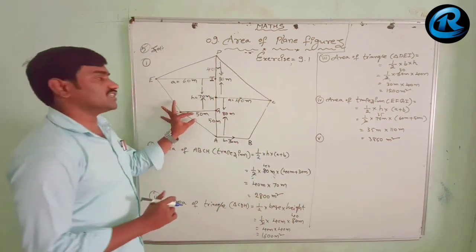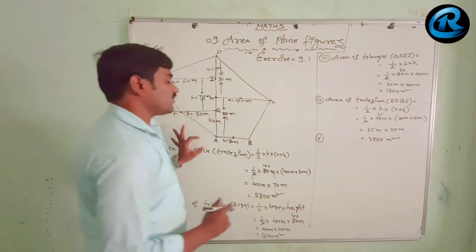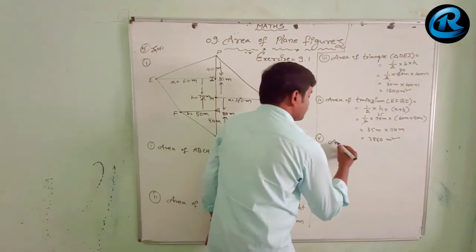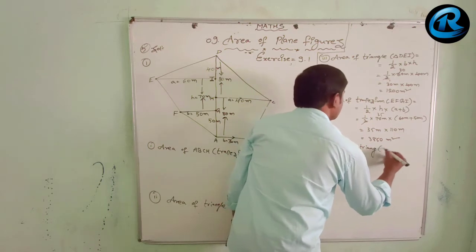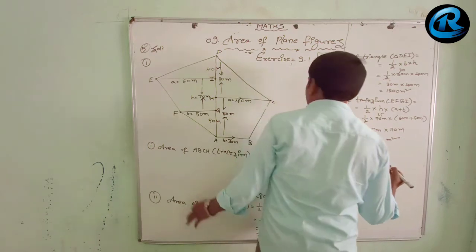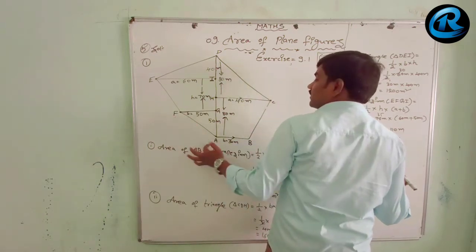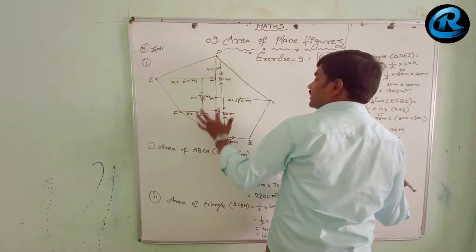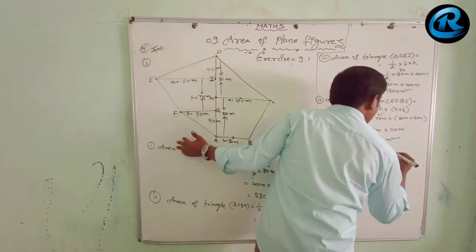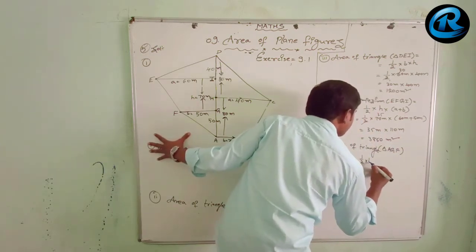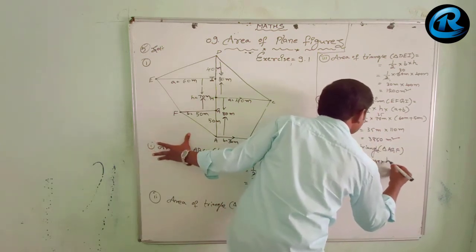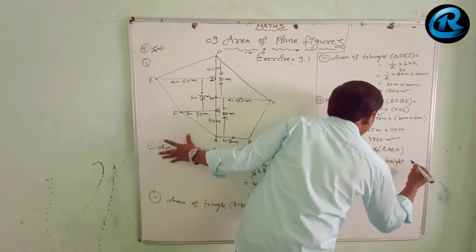Now the last one is also in the shape of a triangle. So let us find out the area of triangle formula. Area of triangle AGF. That is equal to the formula 1 by 2 into base into height.